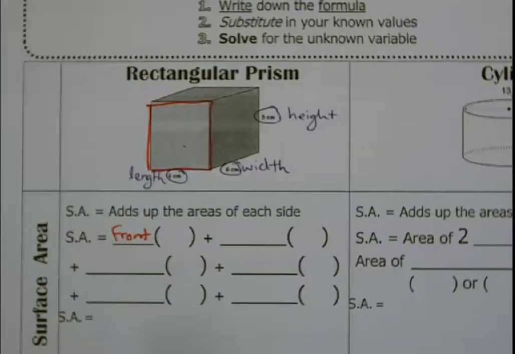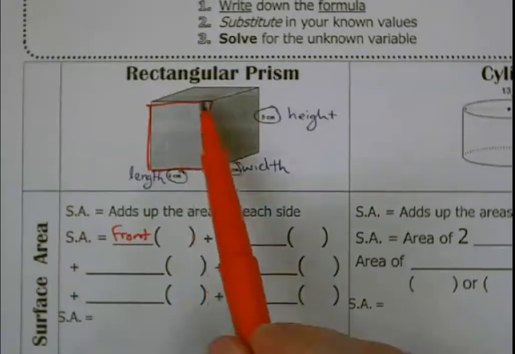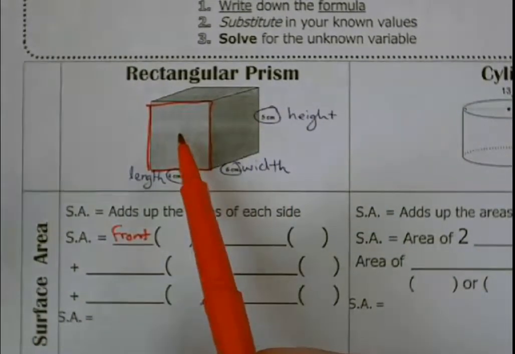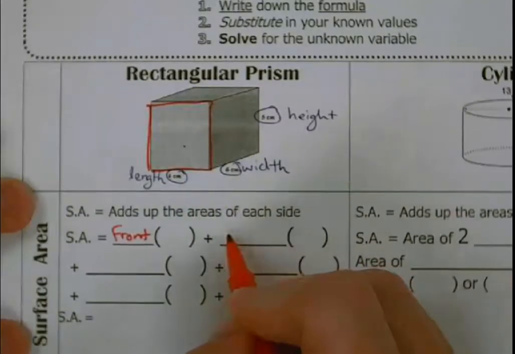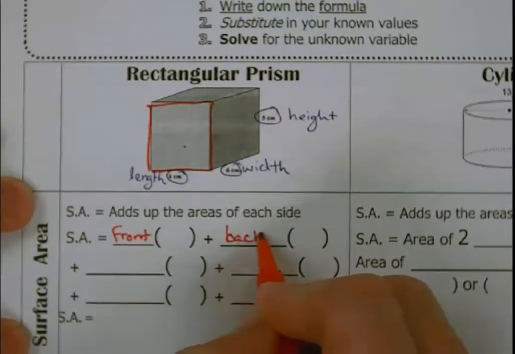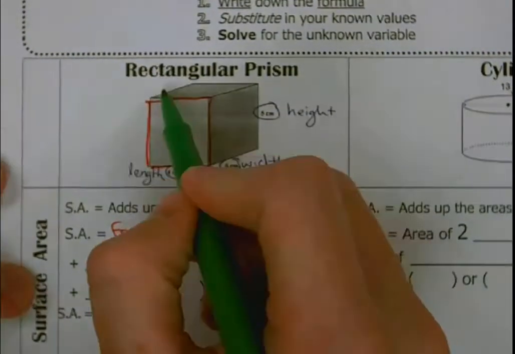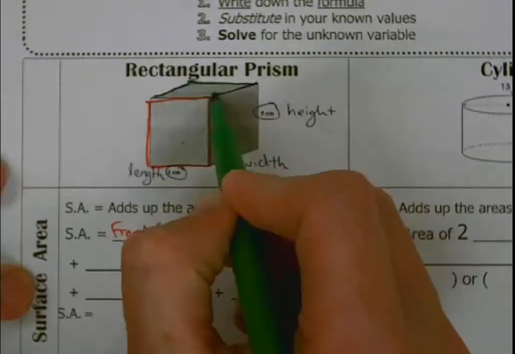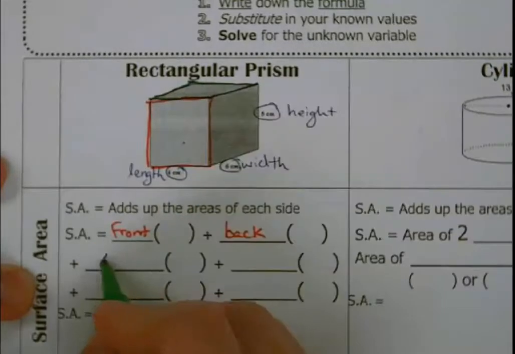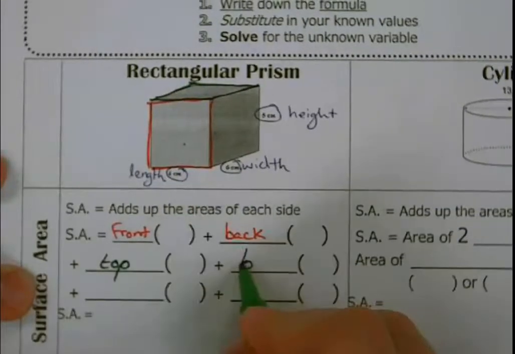Now, the problem with this picture is I can only see 3 of the sides. But I know that if this rectangular prism has a front, it must have a back. The other side I can see is the top. And if there's a top, there must be a bottom.